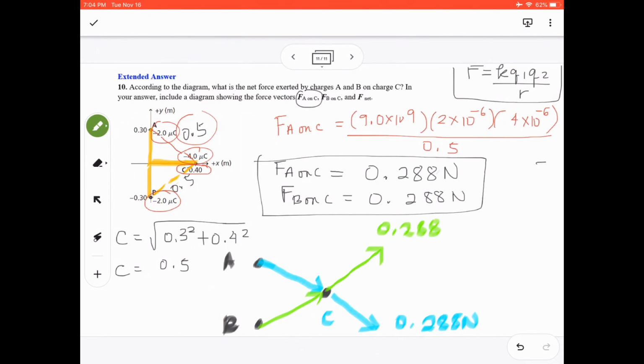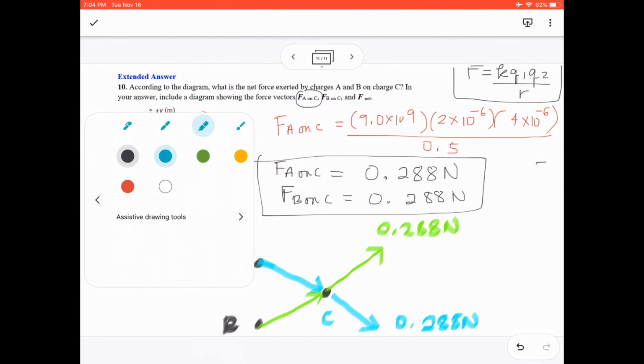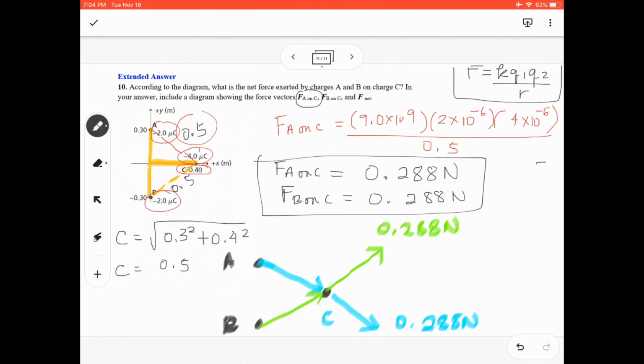Now applying the concept on net force, the net force of these two forces F1 and F2 will be equal to this one. The direction will be this one. This is the resultant force, or F net.